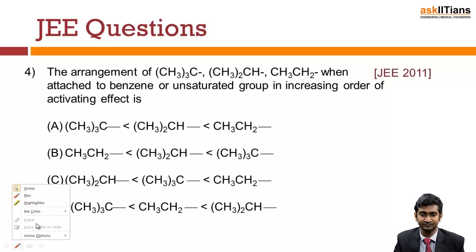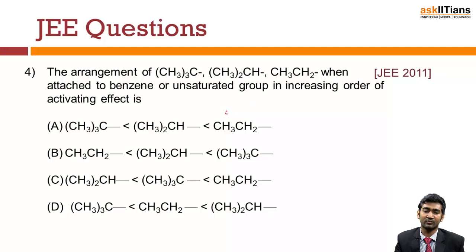So obviously it will be 1 degree greater than 2 degree greater than 3 degree. That is what activating effect means. If it had been asked for deactivating, then it would be the totally reverse case: 3 degree is greater than 2 degree, then 1 degree. So for this again, A will be the correct answer, guys.